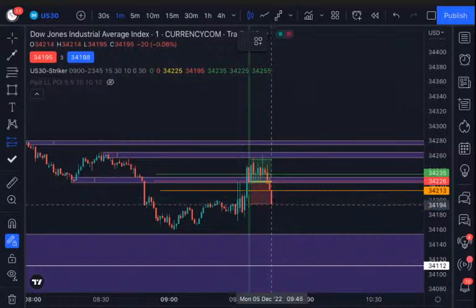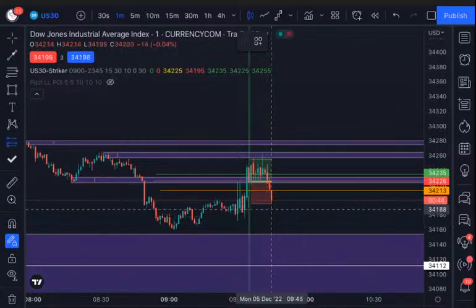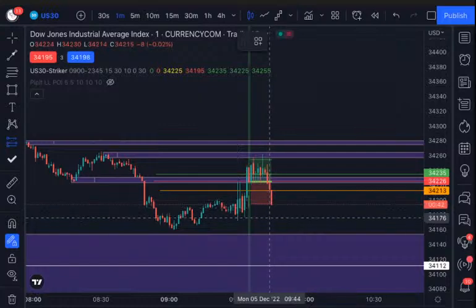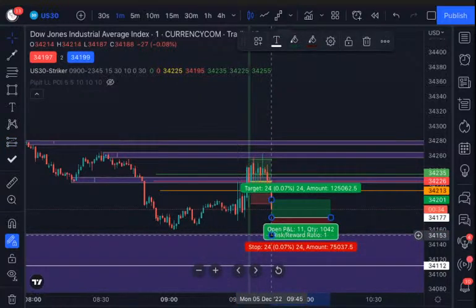There we go. That's actually not bad. We could easily push it down. Let's break the structure right there. Could easily break down to 34176. Yeah, that momentum was a bit rough.